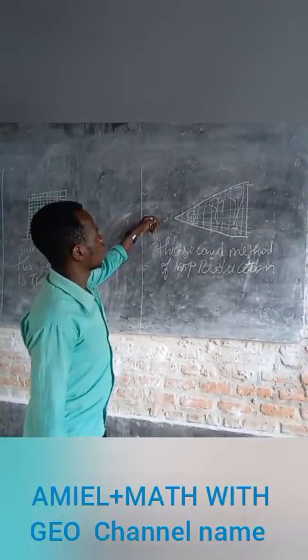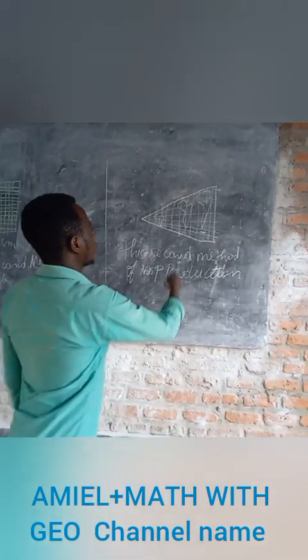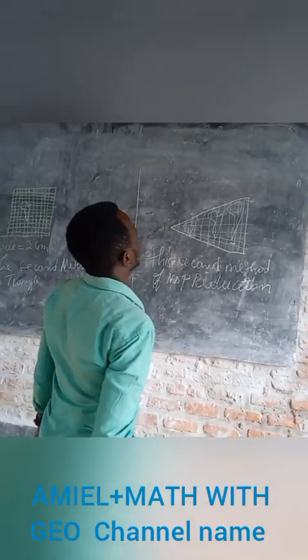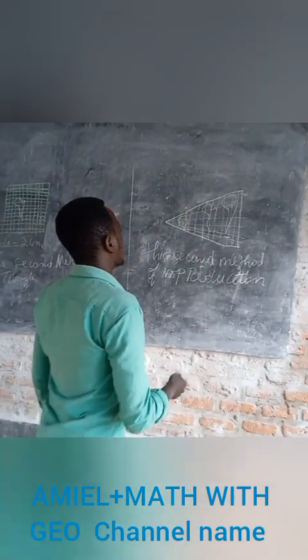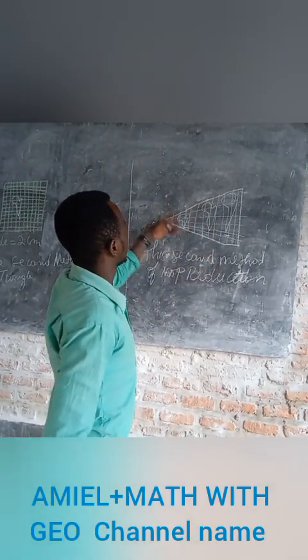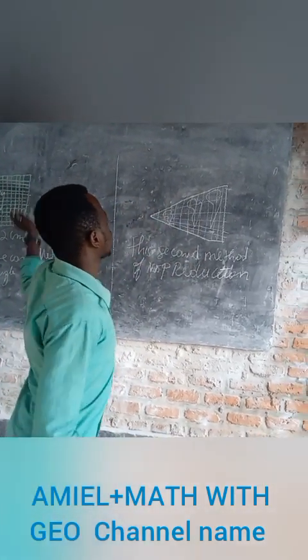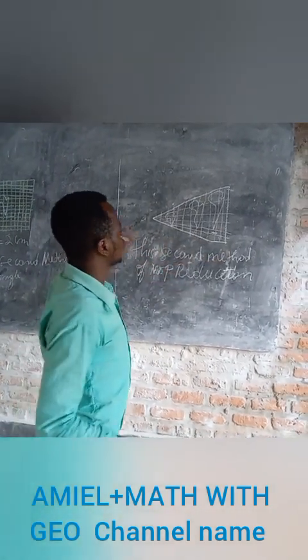By concluding about the triangle, for map reduction and map enlargement, it depends on how you count from one to another.